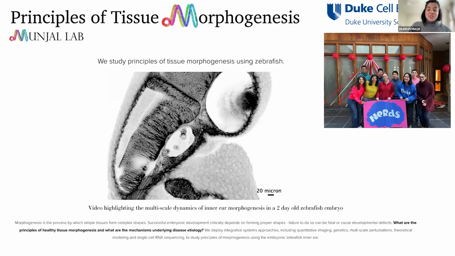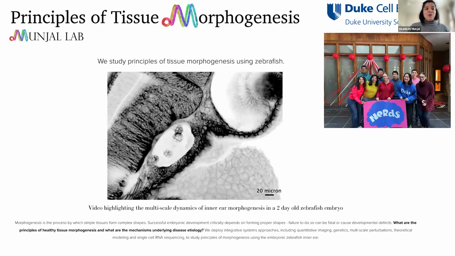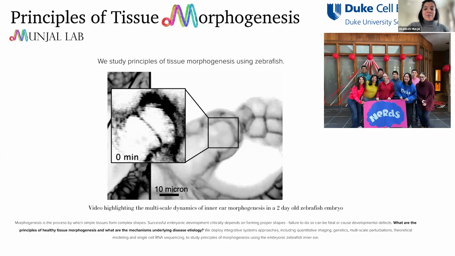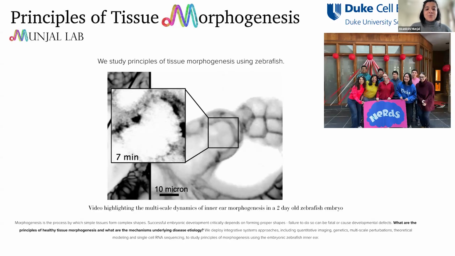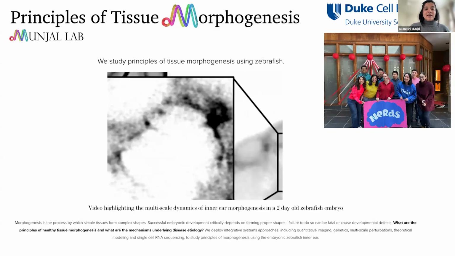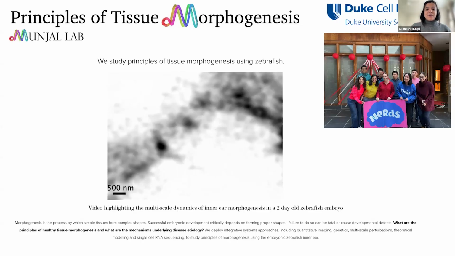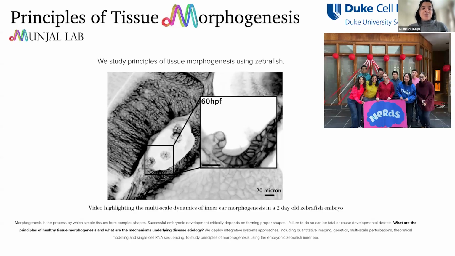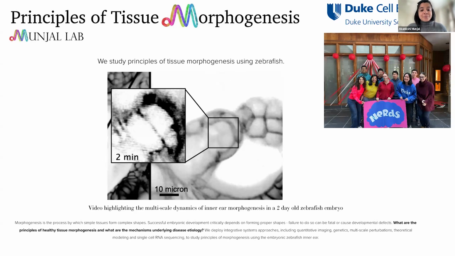So I'm going to share how developmental biologists like me think about shape, about building a common language that can link genes, cell behaviors, tissue mechanics with ideas of geometry and topology, which is the main theme in the workshop here.